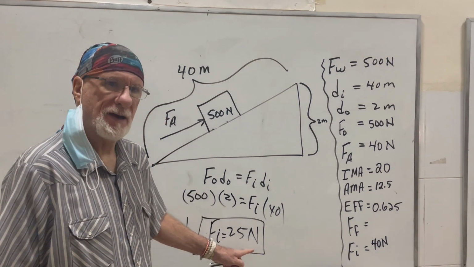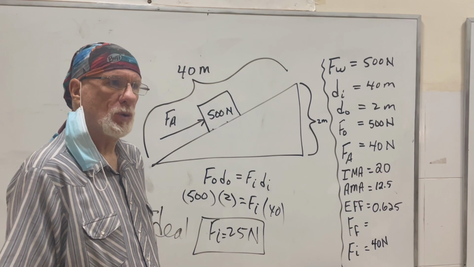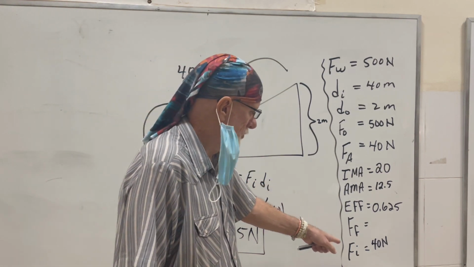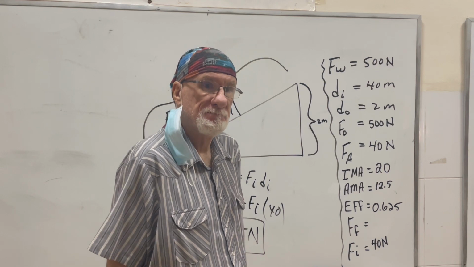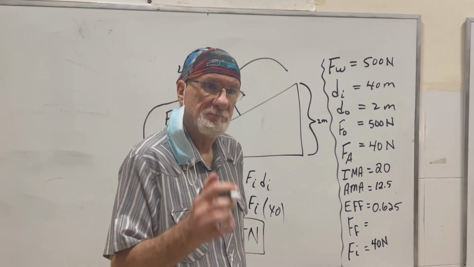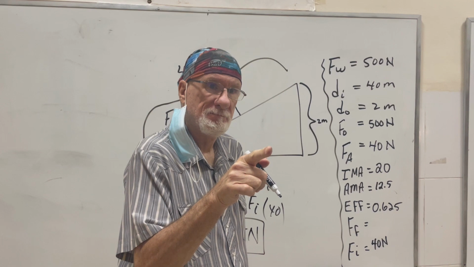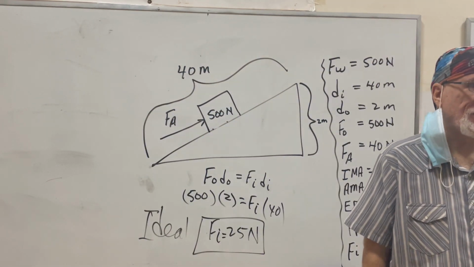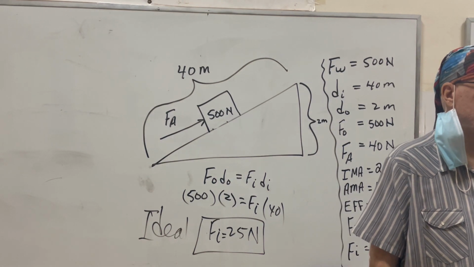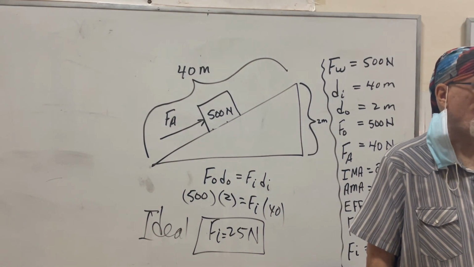Correct? 25 newtons, correct? So what would, and I used 40 newtons, so what would my friction be? If you need a calculator, I'll be surprised.